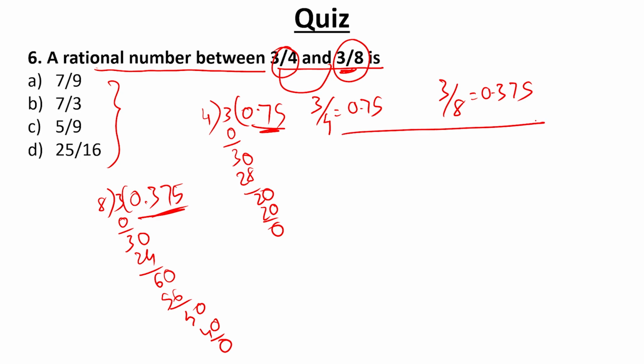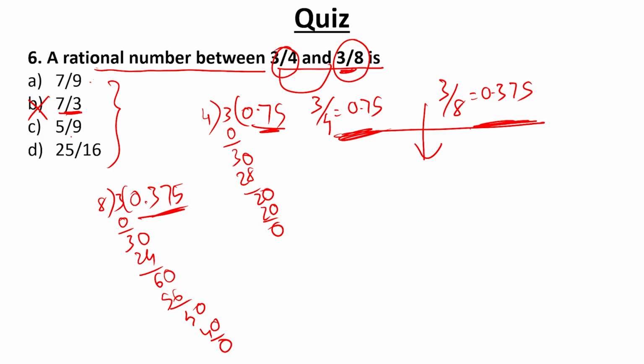That means we need to find a value in between these two. So one of the options here is a value in between these two. So what I'm trying to say is, we can remove 7 by 3 from the options, because 3 twos are 6, so the value we are getting is greater than 1.